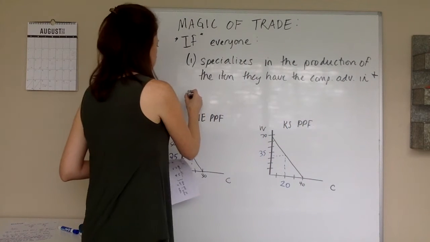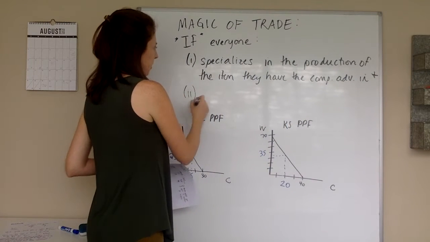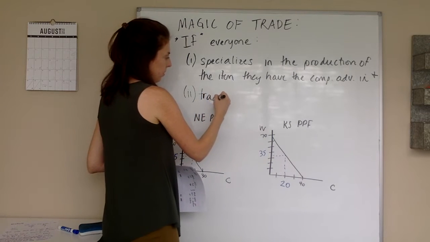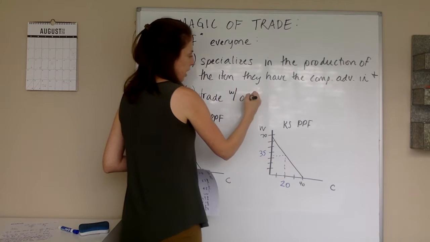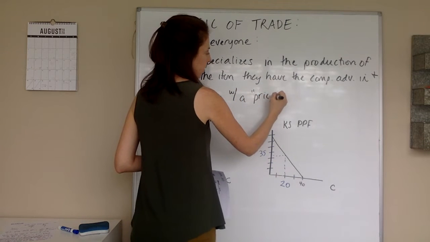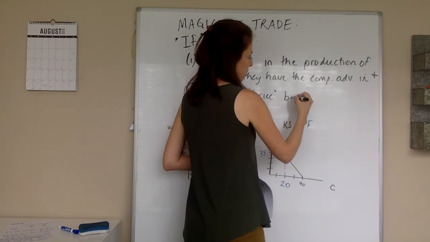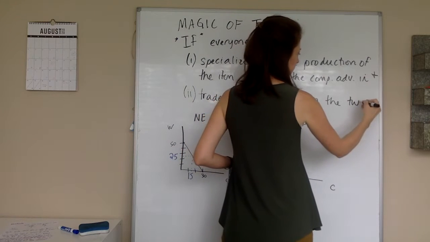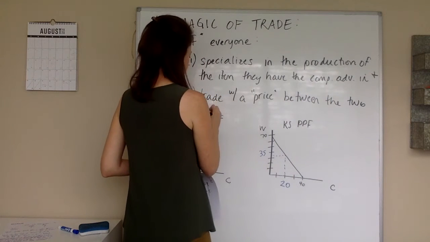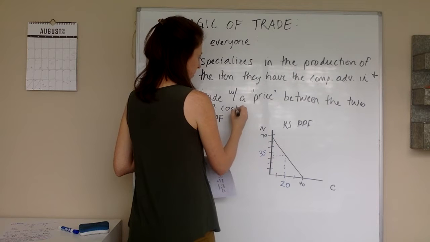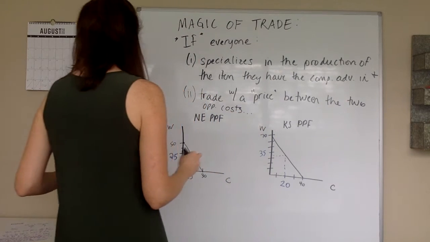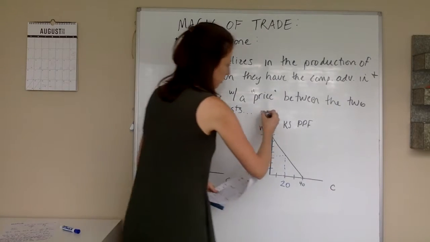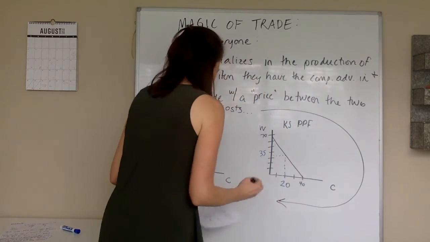And the second thing is, if they trade with a price between the two opportunity costs, then what's going to happen is, put this down here, make sure it's in big print.